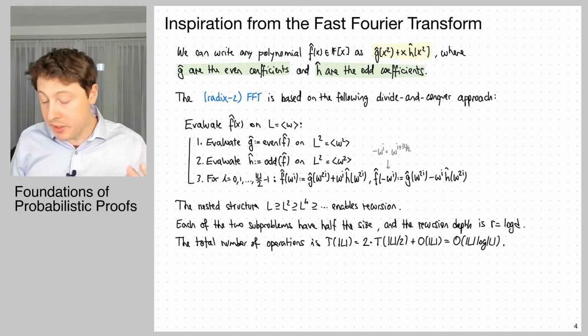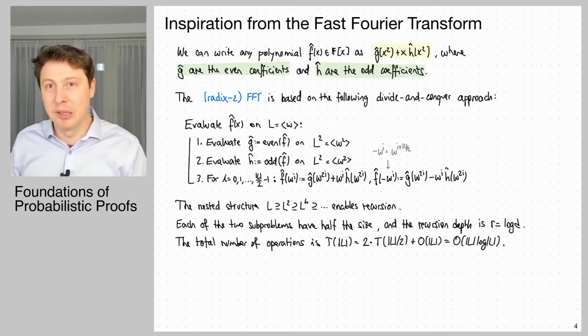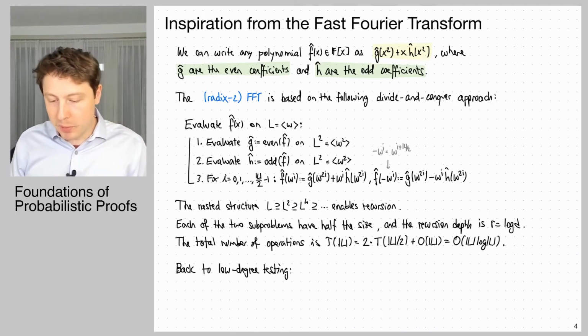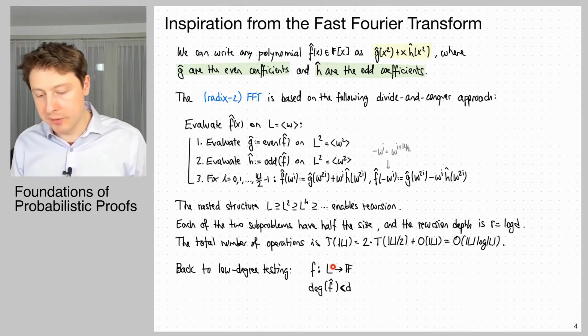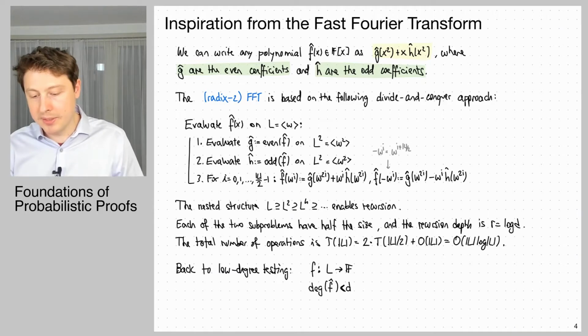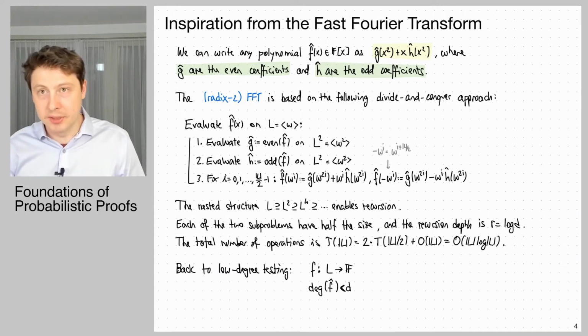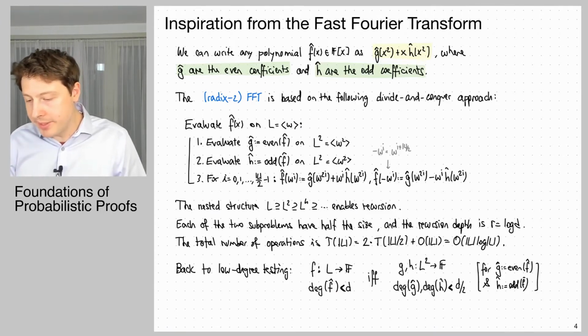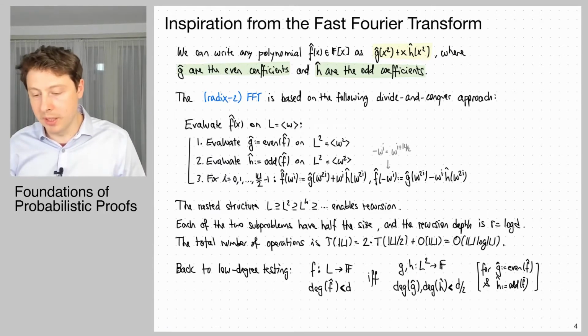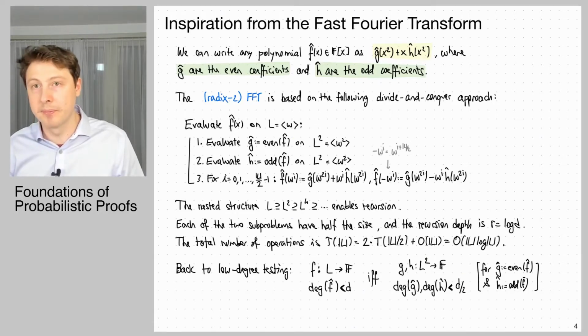All right, what does this have to do with low degree testing? Well, the point is that if you have some function f defined over the smooth domain L that has degree strictly less than d, notice that I'm starting to use strictly less than, then it is the same as looking at the odd and even coefficients defined over the square of the domain, and they have strictly less than half the degree.